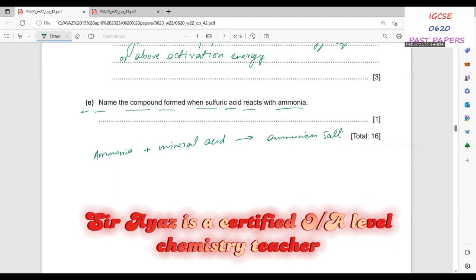The name of the salt depends on the negative ion in the mineral acid. For example, if you have HCl, you will get ammonium chloride. If you have H2SO4, which is sulfuric acid, you will get ammonium sulfate. So you'll have ammonium sulfate here.